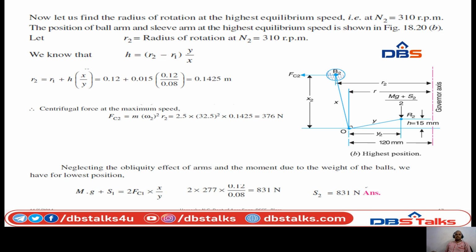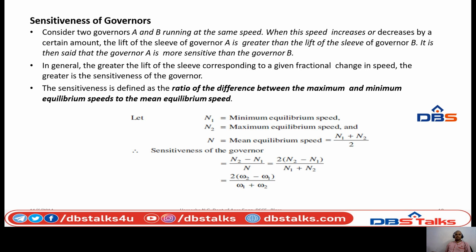After that we go for the sensitiveness of the governor. Sensitiveness is the ability of the governor to respond to a change in speed. Consider two governors A and B at the same speed.